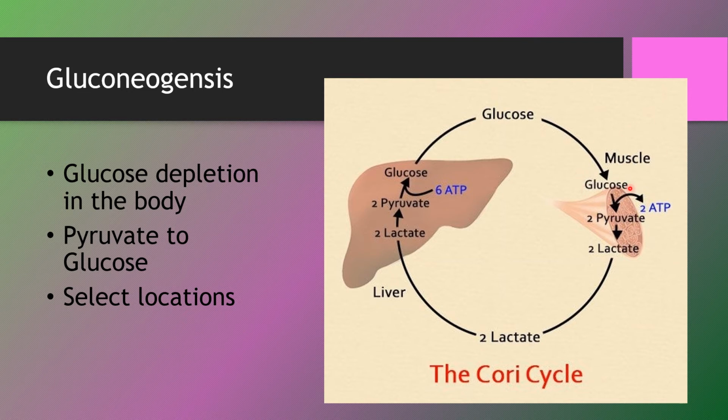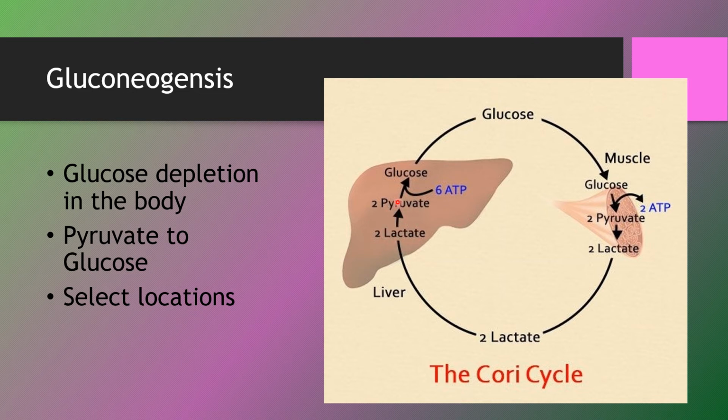And it shows it right here. So your muscles are producing that lactate, and they can't use it, so it has to be transported through the blood into the liver. The liver then can use gluconeogenesis to take that lactate, turn it into pyruvate.